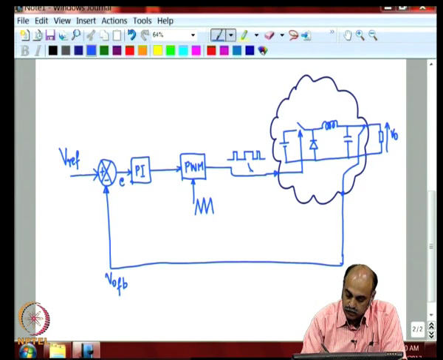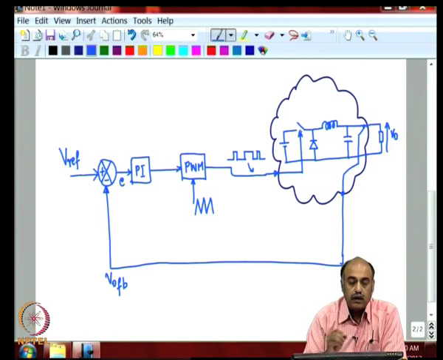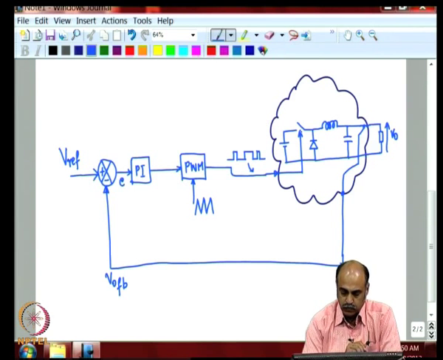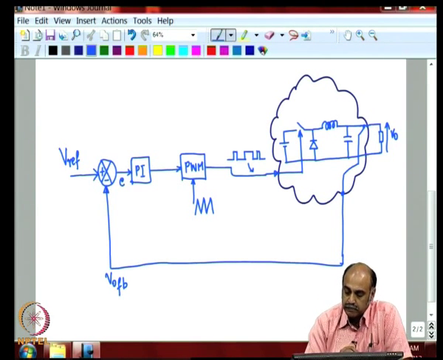And that will accordingly control the switch. So, this is the basic control block diagram that we had been using till now.